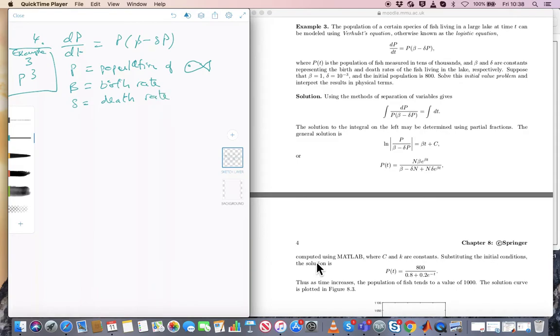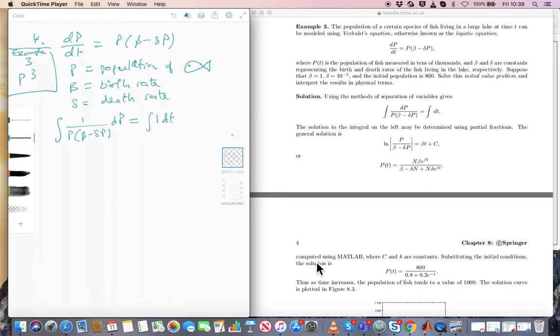Again, this is a separable differential equation. If you divide by p times beta minus delta p, then on the left we'll get the integral of 1 over p times beta minus delta p dp. And again, changing the variables of integration, this will equal the integral of 1 dt.